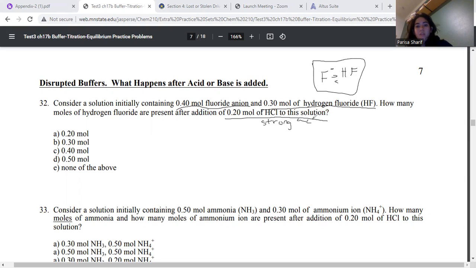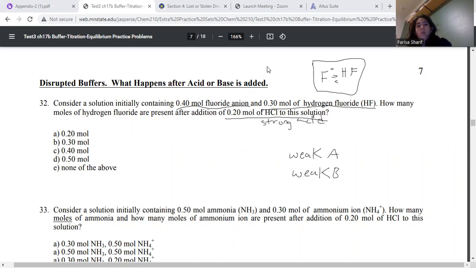So a buffer is anything weak, either a weak acid and its conjugate or a weak base and its conjugate. Okay. And then we can add strong acid to them or add strong base to them. And then hopefully the pH won't change. If we add too much of something strong though, the pH will eventually change.